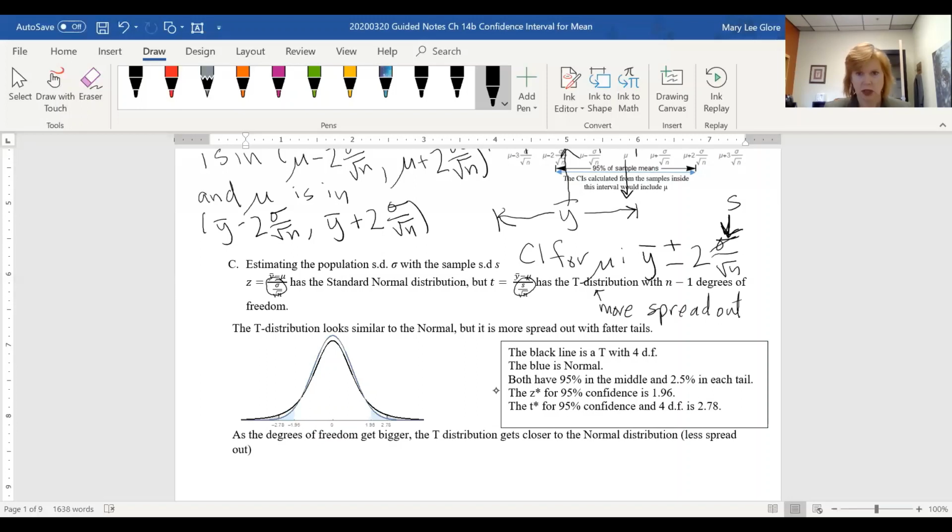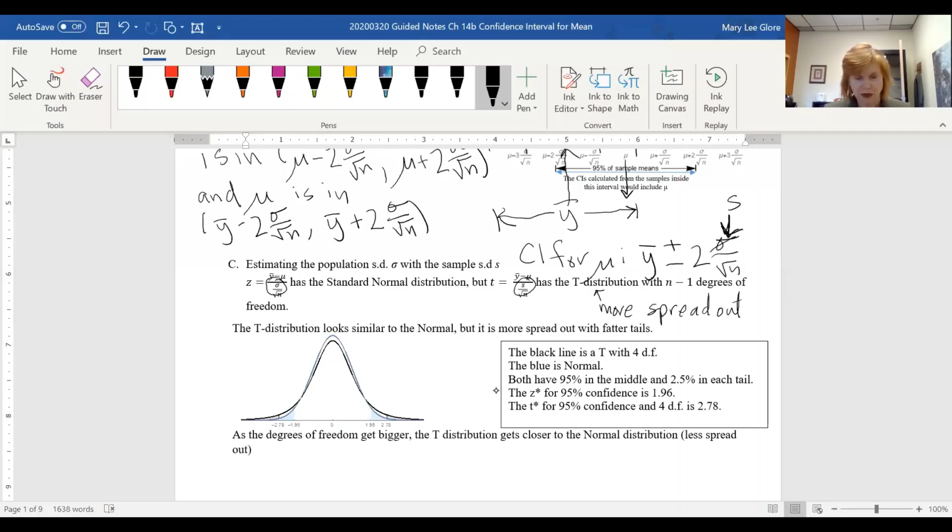So here you can see I've got 2 graphs, and the black line is the T. You can see the T has values farther out in the tail than the blue line, which is the normal. So you can see the normal, this little blue right in here. So 95% of the time, we're within 1.96 standard deviations.